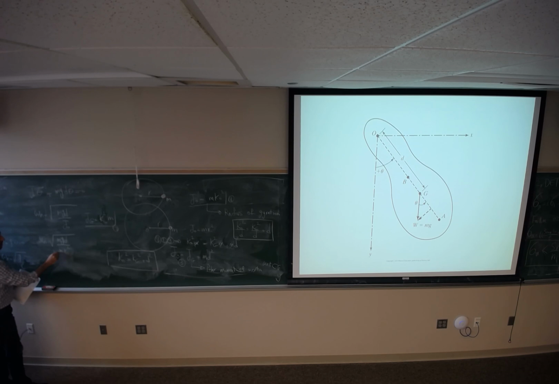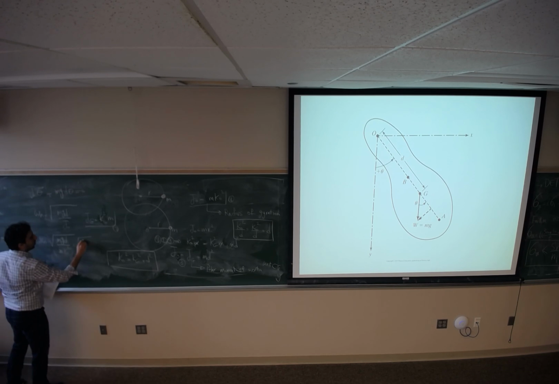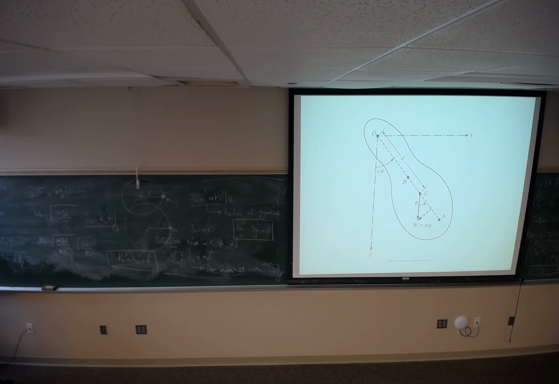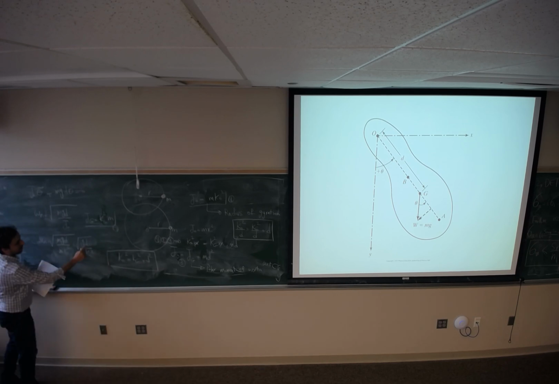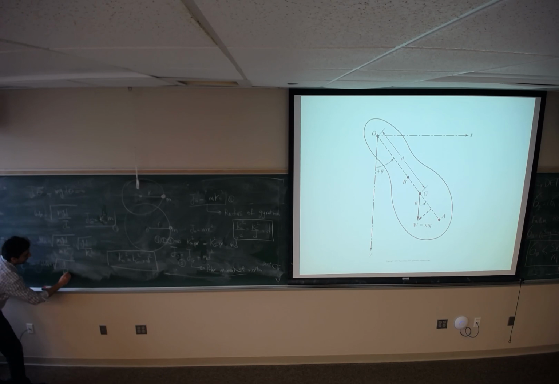Cancel out these two. I will get g d over k naught squared. So if I bring d here, I'm gonna get omega n would be square root of g divided by k naught squared divided by d.